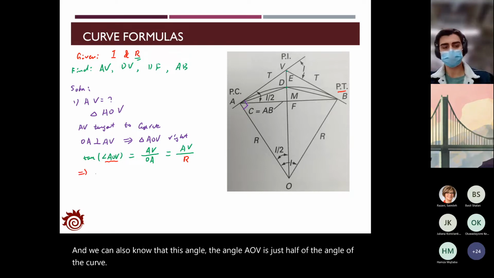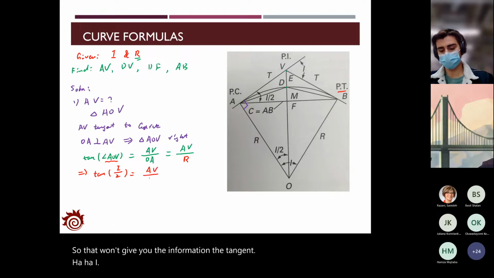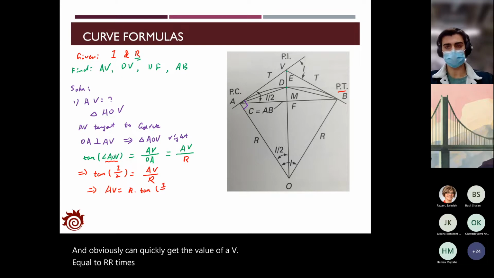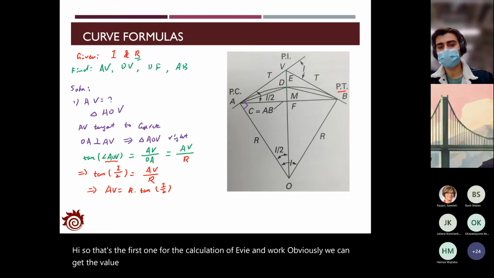So the tangent of half I will be AV divided by R. And obviously, you can quickly get the value of AV equal to R times tangent half I. So that's the first one, the calculation of AV, as a function of R and I.